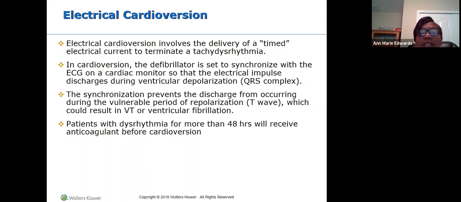The synchronization prevents the discharge from occurring during the vulnerable period of repolarization. Okay? Patients with dysrhythmia for more than 48 hours will receive anticoagulant before they do a cardioversion. Okay?